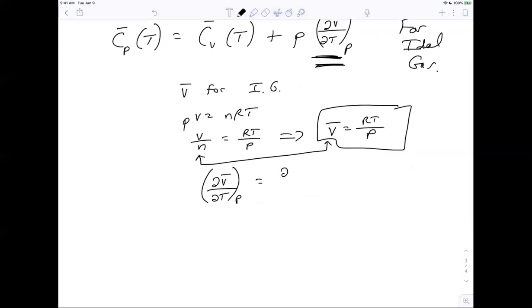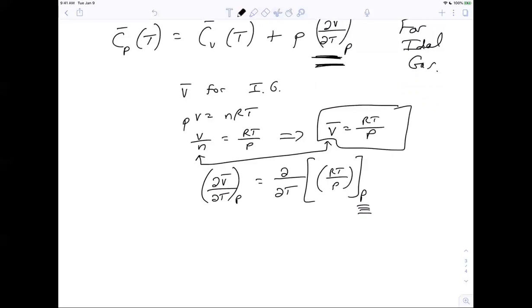That's just equal to the partial of RT over P with respect to T at constant P, where now I've substituted RT over P for V bar, and I made sure that I carry this notion that P is constant. But what's the derivative of RT over P with respect to temperature at constant pressure?